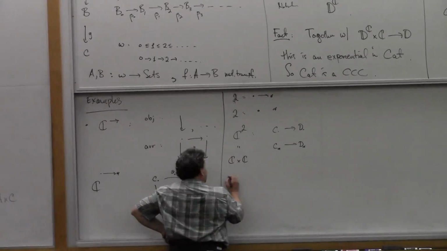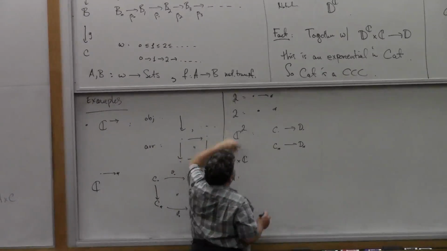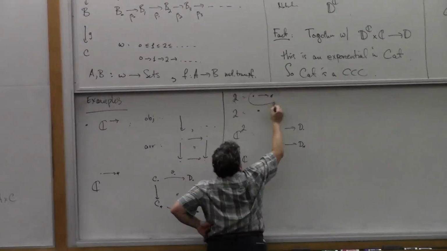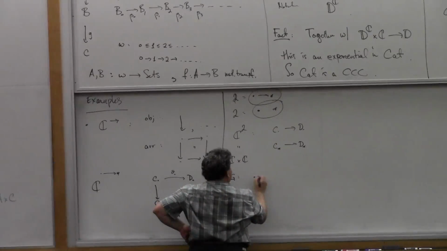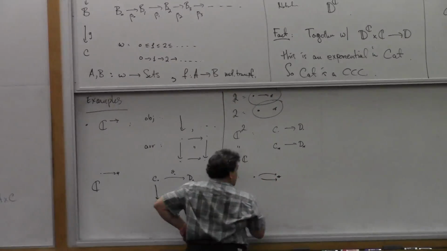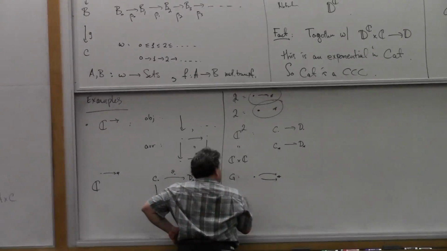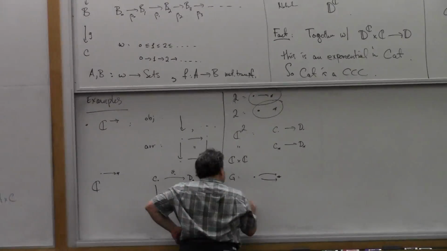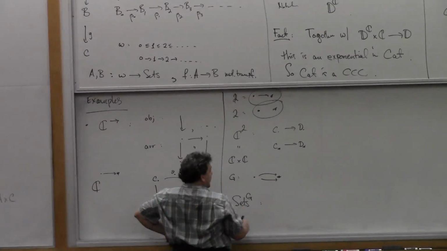How about this one? Let's take as our index category this one. It looks like this. It has two objects and two arrows. Then an object of the functor category, let's do it in sets just to be specific here. What are the objects now in the functor category?